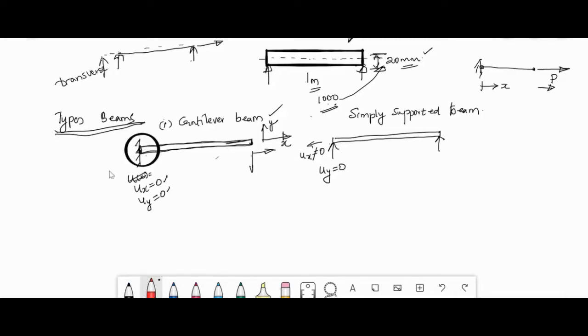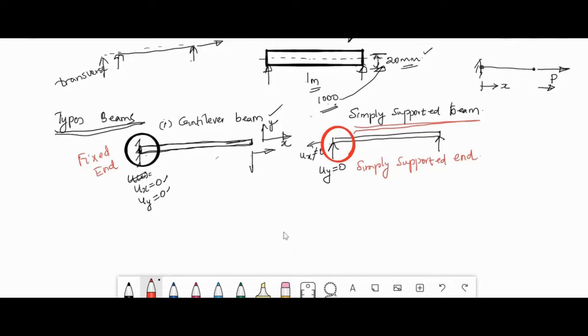This end is called the fixed end, and this end is called the simply supported end. When both the ends are simply supported, the beam is called a simply supported beam.